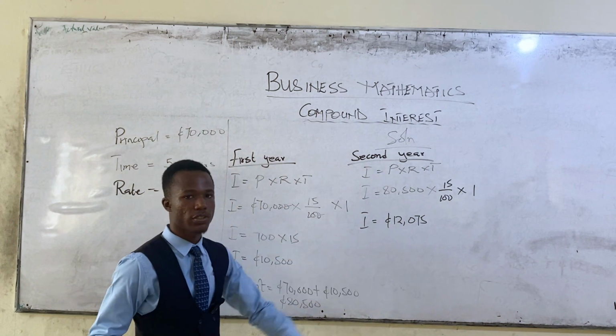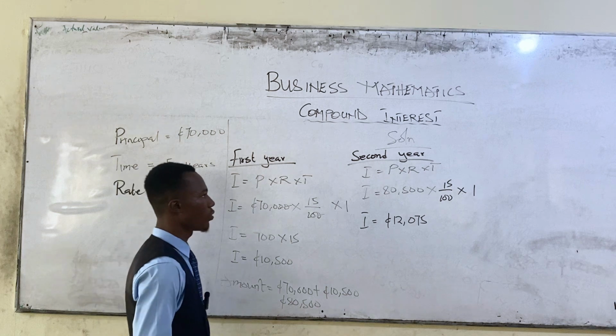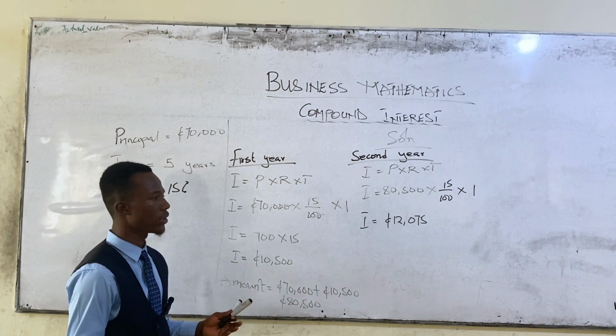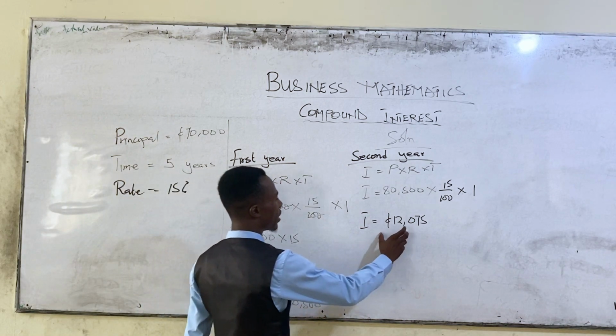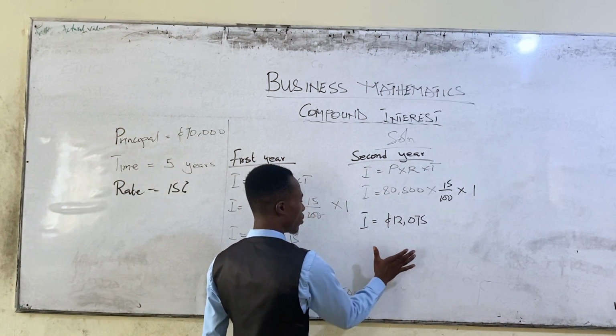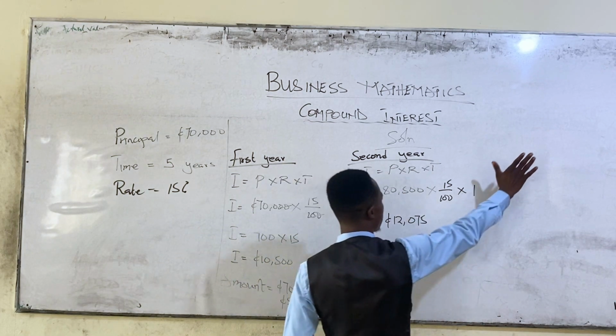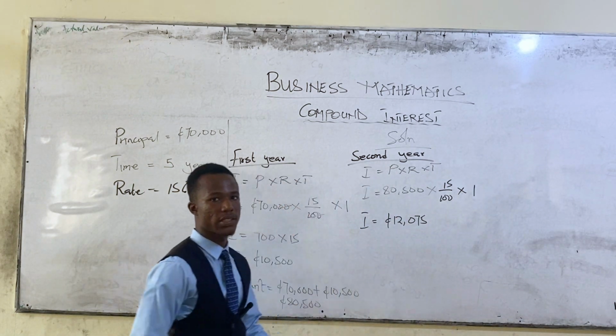And so this is our interest for the second year. Now, when we want to calculate the interest for the third year, we are going to add this interest to this principal. That will be the amount. Then we use that amount as the principal for the third year. I hope that is clear.